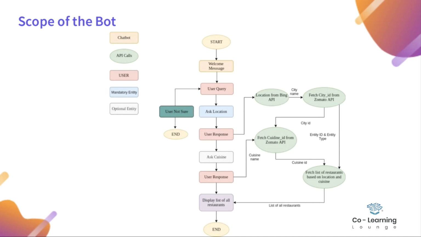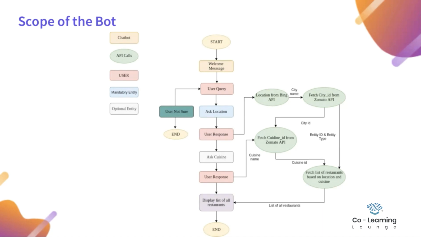What is the first thing you'll ask when you are talking to the restaurant chatbot? The first thing you are going to say is, look, I'm looking for food. And the very first thing that any application or chatbot has to ask is your location, right? Because without the current location or any specified location, the bot or any application will not be able to help you, because the application can be global. So the first thing a bot has to ask in our case is the location.